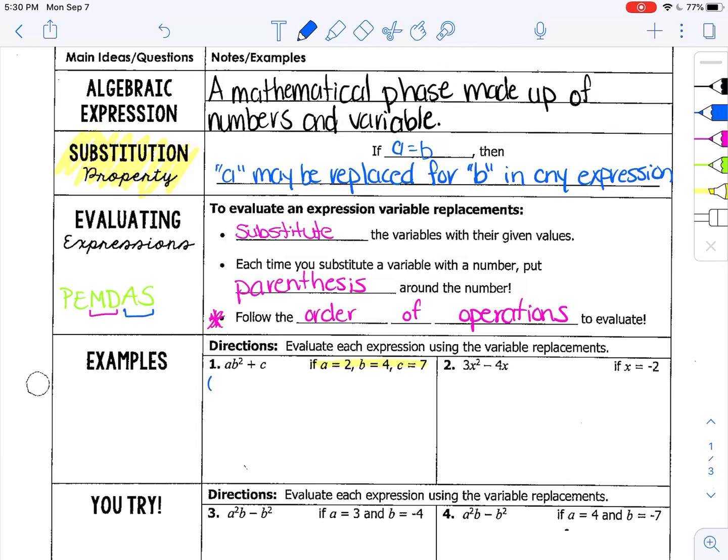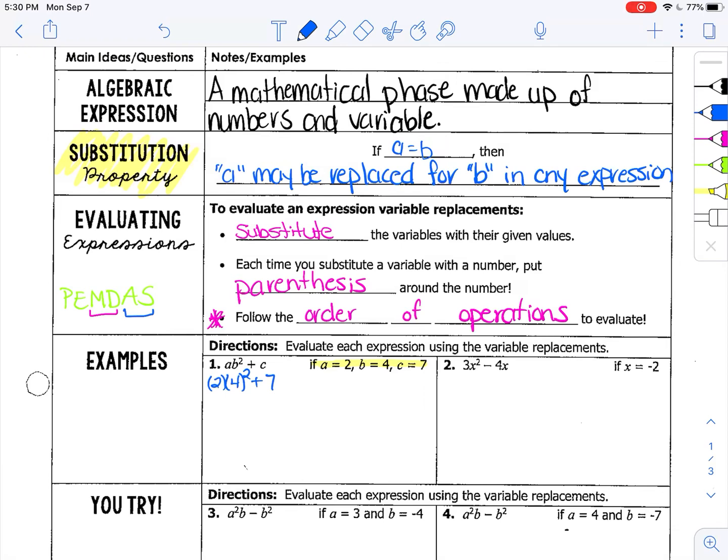So instead of A, we're going to substitute in the number 2, putting that 2 in parentheses. Instead of B, we're going to substitute the number 4, and the squared goes on the outside of that parentheses. The only thing you want to put inside the parentheses is the number you're substituting. Plus, instead of C, we're going to substitute 7.